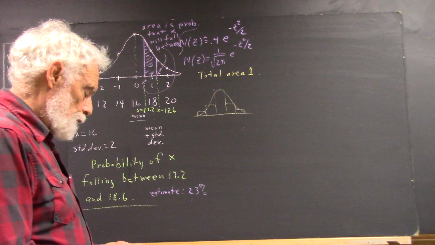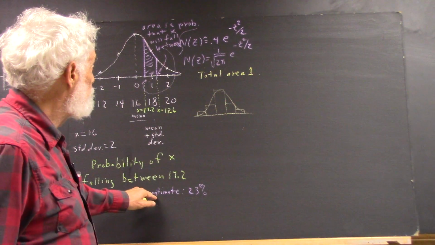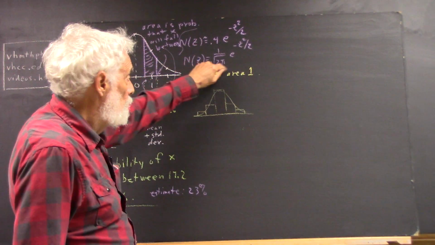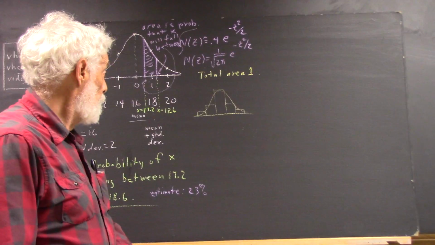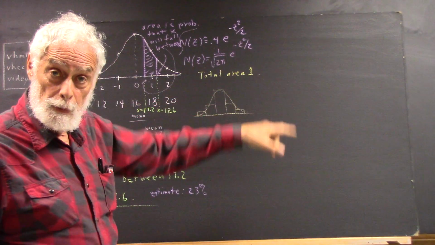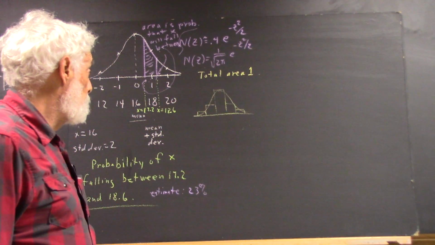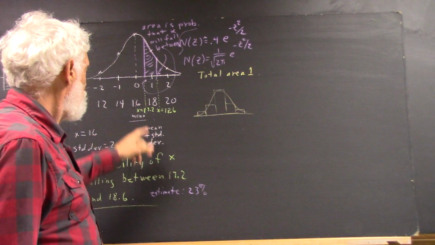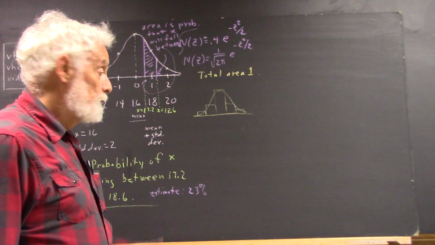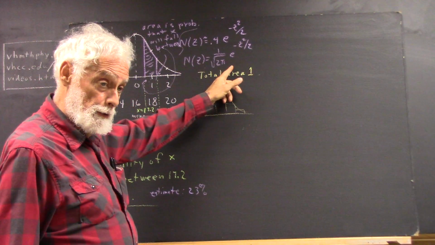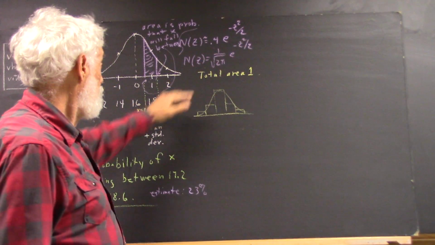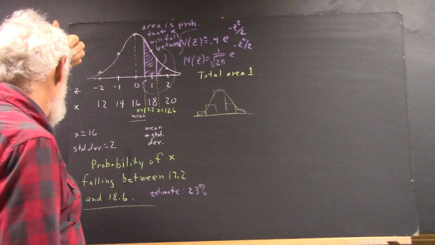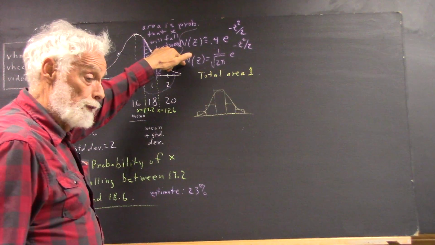Now, in order to put this information into what we know about the normal curve, or at least what I've told you about the normal curve, we have to figure out what z number goes with each of these, because we have to be able to put z numbers in here. We don't know how to put x's into this. We do know how to put z's into this formula.